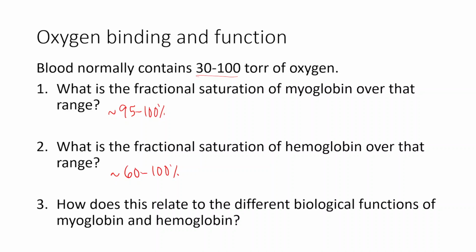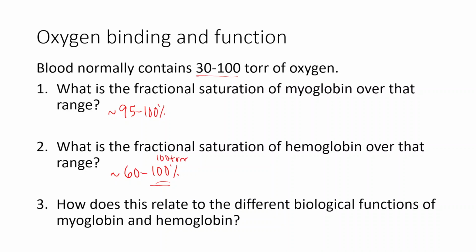It kind of comes back to Juan's question before about where we are seeing these different amounts of oxygen in our body. At our lungs, where we have a lot of oxygen, that's where hemoglobin is going to pick up oxygen and start carrying it around. So we want hemoglobin to have a pretty high fractional saturation at the lungs.